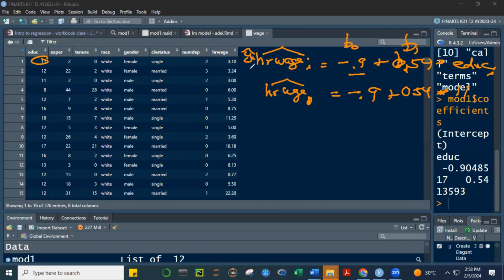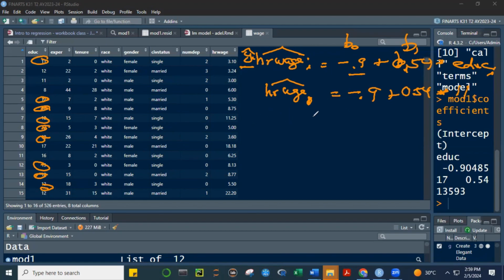You'll have a predicted value here, right? You can compute for the predicted value. And if we know the predicted value, class, and we said that there will be 526 predicted values because all of these observations will have their own values of education, class.